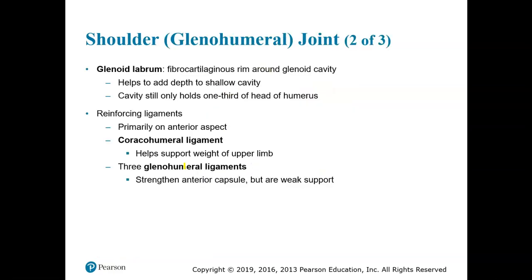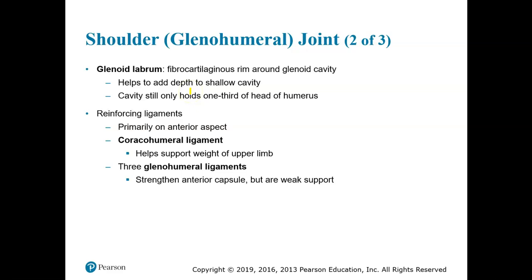So let's go back. The glenoid labrum is a fibrocartilaginous rim around the glenoid cavity, and it's like a built-up area of fibrocartilage. It builds up the glenoid cavity a little bit more, so it adds depth, because it's a shallow cavity. So it makes it less shallow.